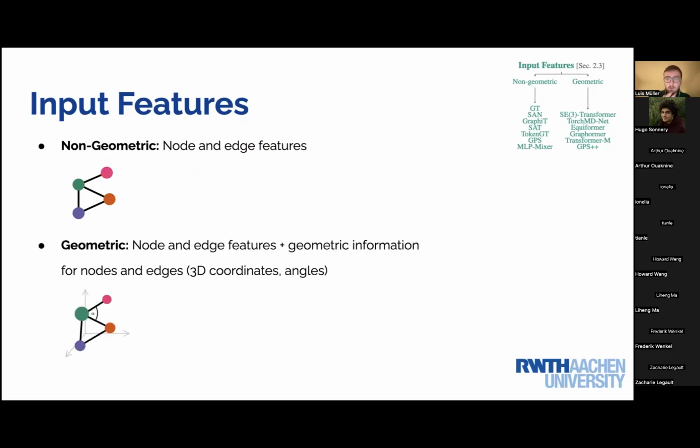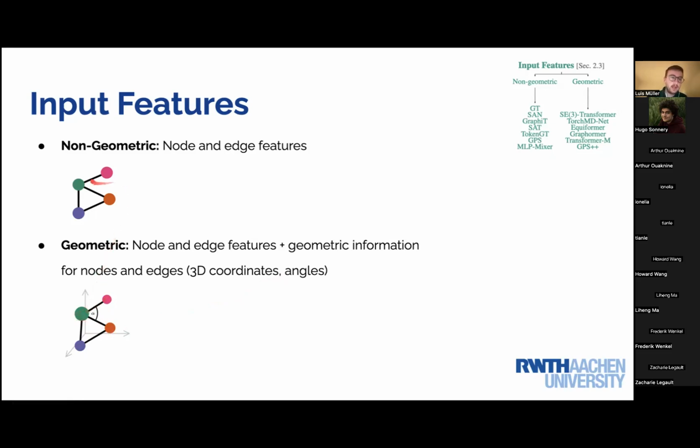But then there's also a huge field called geometric deep learning, that is considering also geometric information, such as the 3D coordinates of nodes. I tried to embed them here into a 3D coordinate system, but also angles between nodes. So this is already involving relationships between three nodes.